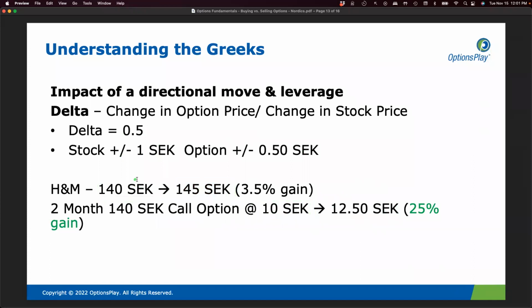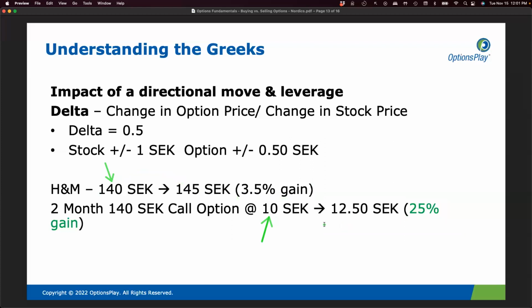So a 3.5% gain in the underlying stock resulted in a 25% gain in the options position that you have. So that's the leverage factor that you can get from options, right? The stock moved 3.5% higher, but you made 25% on your option because you paid substantially less for the option. You only paid 10 crowns versus 140 crowns that you have to pay for the stock.